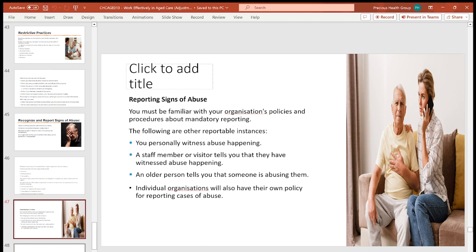Another person tells you that someone is trying to abuse them. Individual organizations will also have their own policies for reporting cases of abuse. In any case, if abuse happens, it is expected by law to be reported within 24 hours.